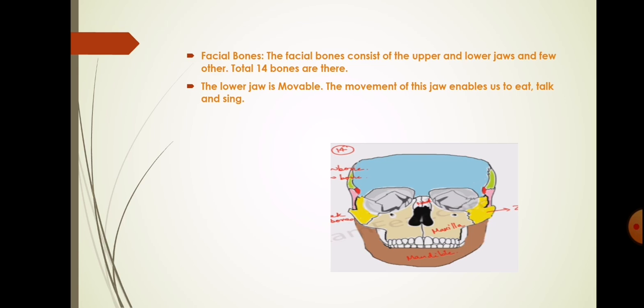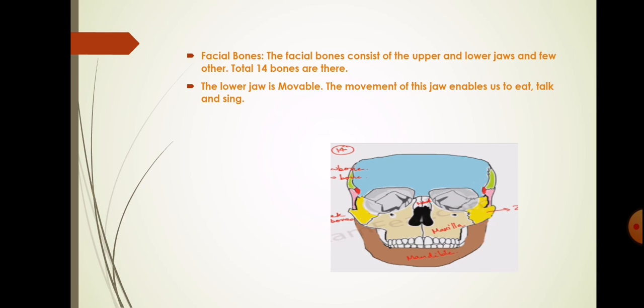Because of the movement of the jaws, we are able to eat, talk and sing. There are a total of 22 bones in the skull: 8 bones in the cranium and 14 bones in the facial bones.